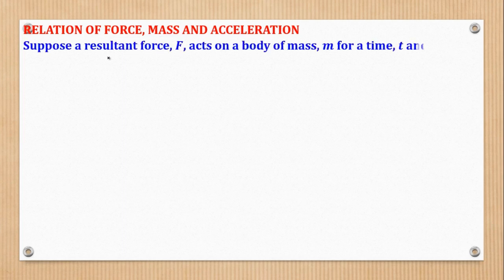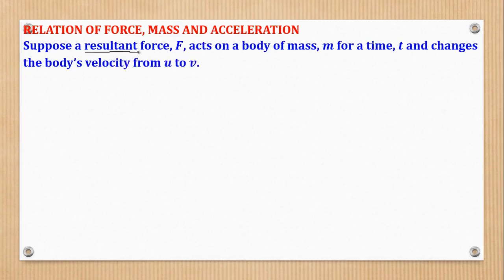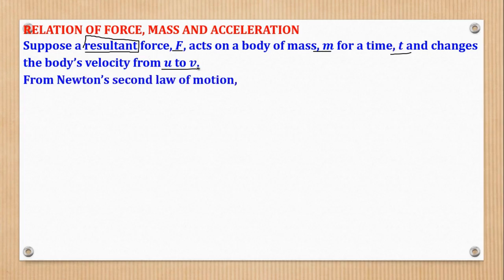So suppose a resultant force. I want you to know this word, resultant force. So F is not just any force. It has to be a resultant force. It acts on a body of mass m for a time t and changes the body's velocity from u to v. From Newton's second law of motion, F is equal to change in momentum over t.